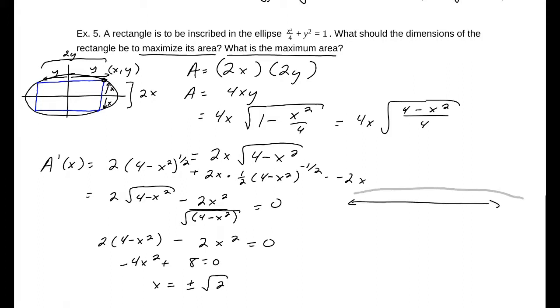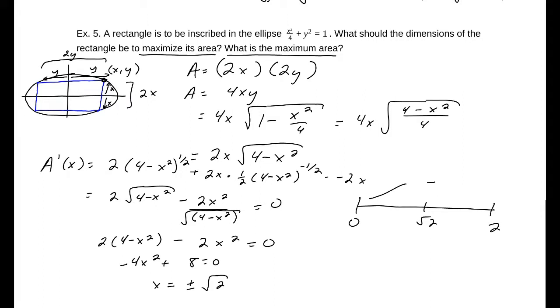Oh, and we're restricted again. In real world things, we tend to be restricted from 0 to 2. And we have this point, square root of 2. Now, negative square root of 2 is outside of our domain. From 0 there, it's increasing, then decreasing, which means we have a maximum at the square root of 2.